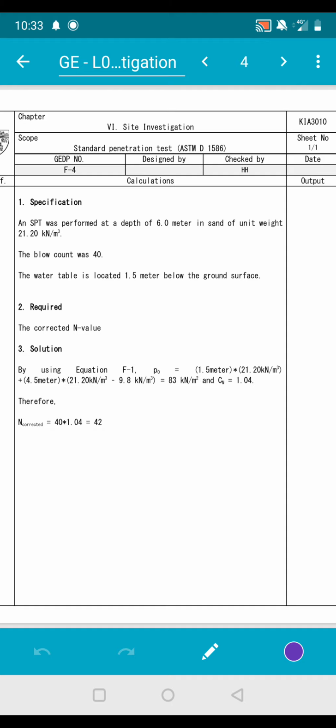By using equation F1, similar to the previous example, you just need to account for the water table, which is just minus 9.8 kN per meter cube. The process is similar, and in the end you get N corrected as 42.